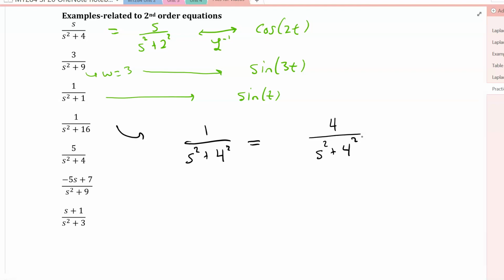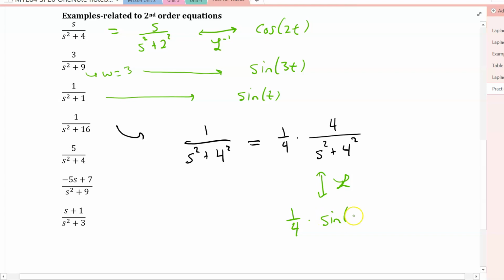If we multiply the top by 4, we have to multiply by 1/4 to compensate. Now those two quantities are exactly equal, and we can use that. These two things are related via the Laplace transform to what? Well, the 1/4 is a constant that comes along for the ride, and this is exactly related to sine of 4t.